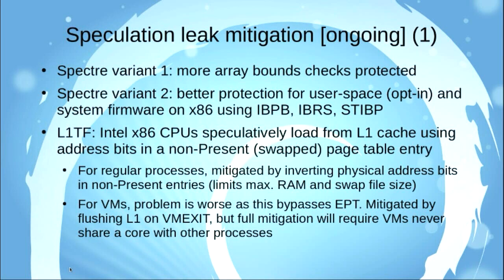This has been mitigated for regular processes by inverting all those physical address bits in all page table entries that are marked not present. But that puts a limit on the maximum amount of RAM and the maximum swap file size you can use, because the physical address bits would be used for a swap file offset in a non-present entry.